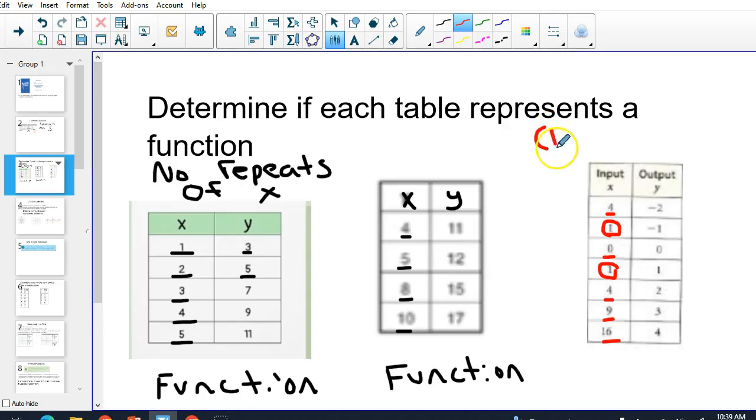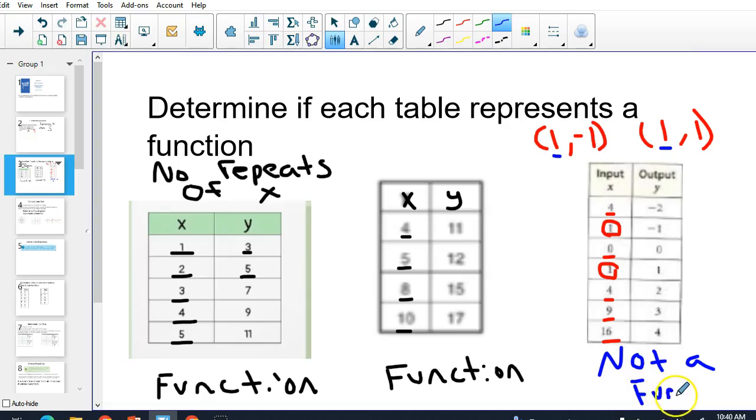So we have the point 1 comma negative 3 and the point 1 comma 1. Since there's a repeat there, this x value has multiple y values, so it is not a function. Hopefully we've seen this before. Just a little bit of a review.